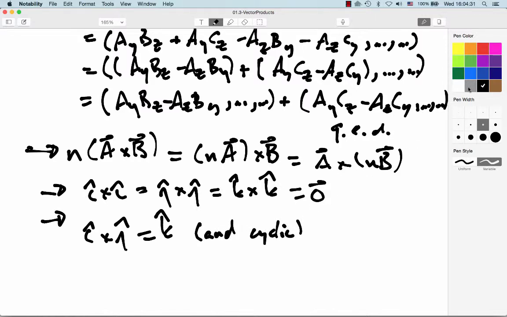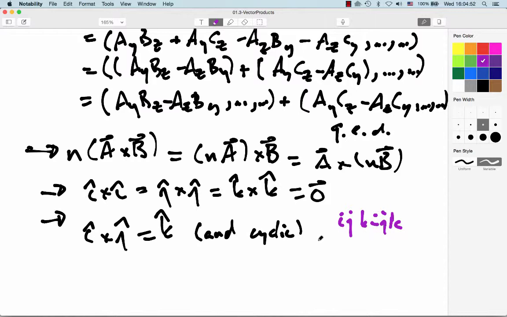So what do I mean by that? What I mean is, again, we can go back to the same idea here. I can write ijk like so. And so i hat cross j hat is k hat, j hat cross k hat is i hat, and k hat cross i hat is j hat.